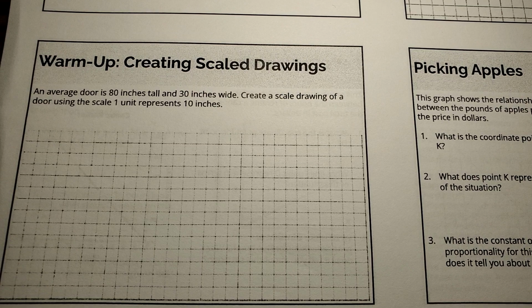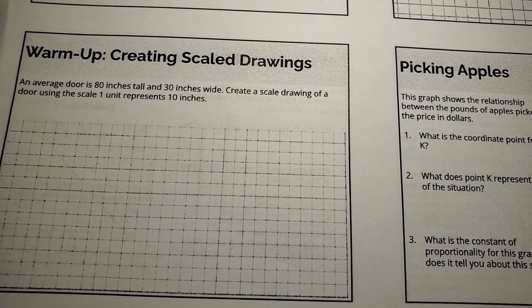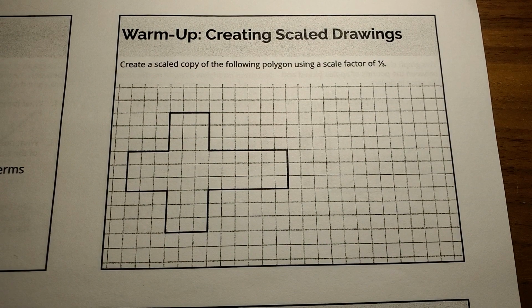An average door is about 80 inches tall and 30 inches wide. And you're going to use the scale of 1 unit, one of these blocks representing 10 inches. Go ahead, pause here, try both of these slides, come back once you're ready. And don't forget that to draw directly on these graphs, you need to use your line tool.